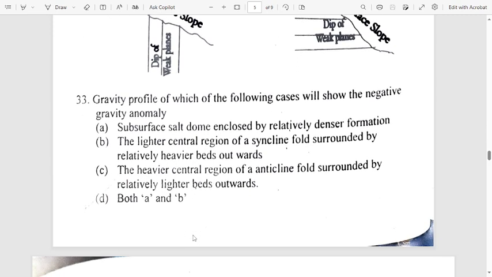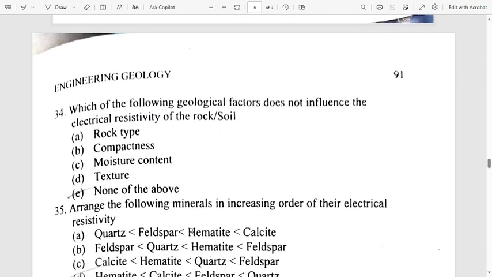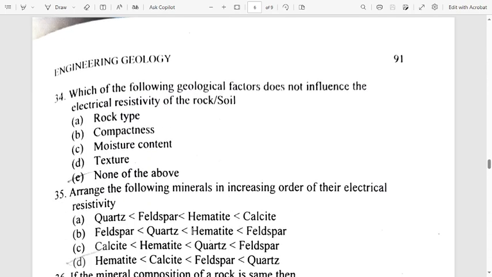Okay, the gravity profile of which of the following cases will show the negative gravity anomaly? Subsurface salt dome enclosed by relatively denser formation; a lighter central region of a syncline fold surrounded by relatively heavier beds outwards. Which of the following geological factors does not influence the electrical resistivity of the soil?